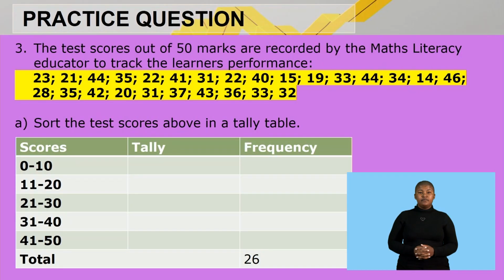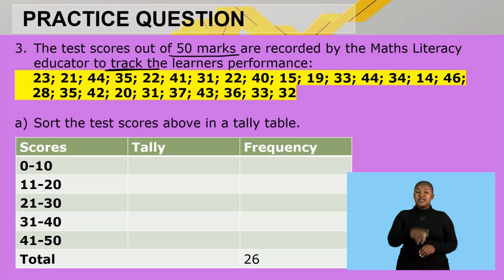Then number 3: the test scores out of 50 marks are recorded by the maths literacy educator to track the learner's performance. When you track the learner's performance, you check how a learner performed in the first test, then the second one, then the third one, and see whether the learner is progressing or not, in order to help that learner improve their results.